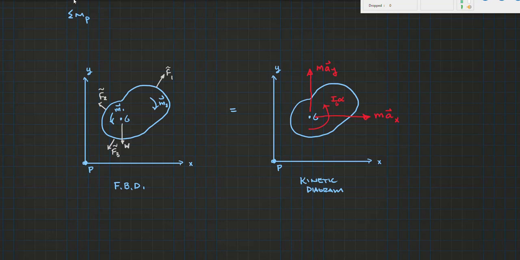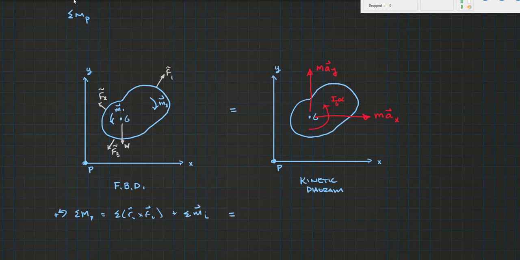So if we did that summation of moments about P, let's call this positive, then we're looking at the summation of all our R cross F's, plus the summation of all of our moments.